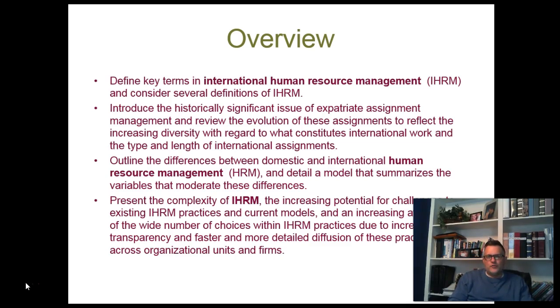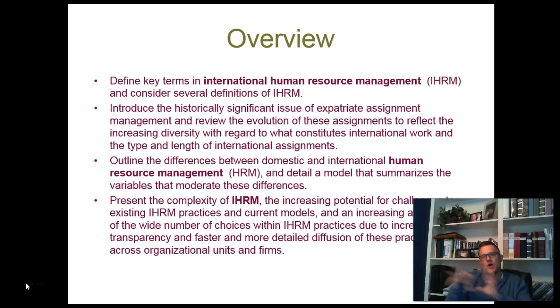We're going to introduce the term expatriate, and that's going to be important because when you're dealing with international human resource managers, a lot of times you're dealing with individuals from your host country, the domestic country, and they're going to be assigned to a foreign entity, a foreign country, to work.